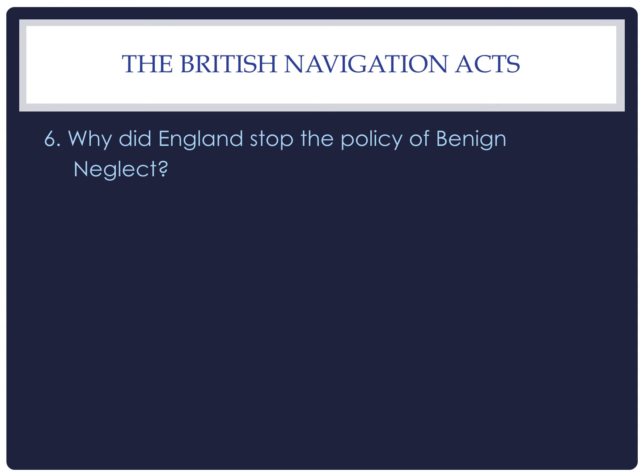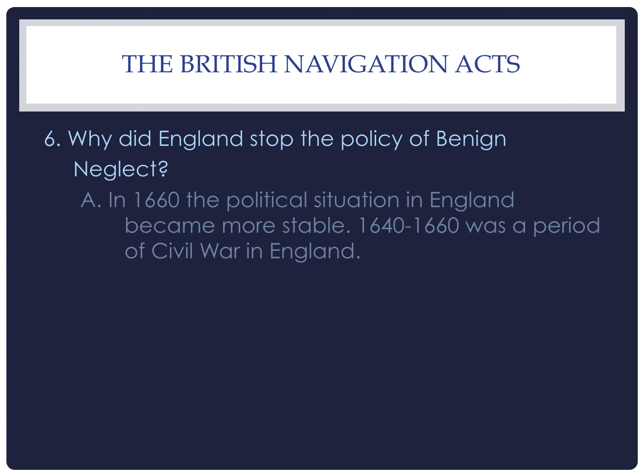So why did England stop the policy of benign neglect? Why did they stop leaving the colonists alone and start being more hands-on? Well, by 1660, the political situation in England was more stable. For about 20 years before that, England had been involved in a civil war. And so they had a lot of problems at home and didn't really have time to focus on what was happening in the colonies.